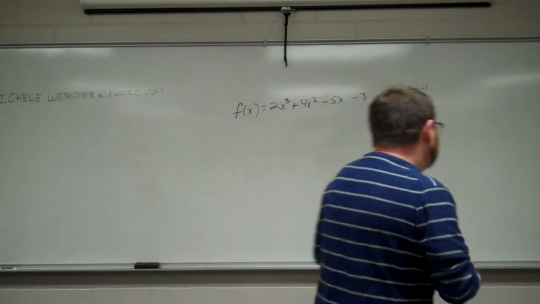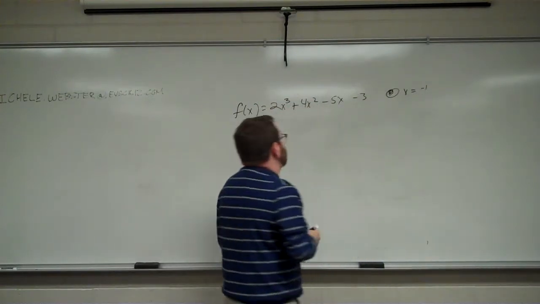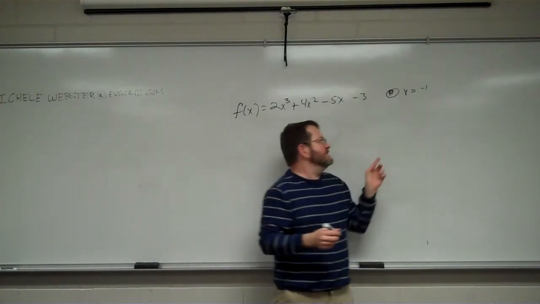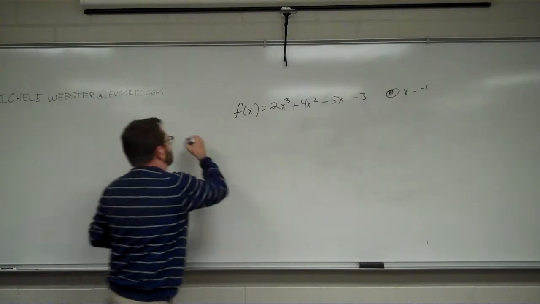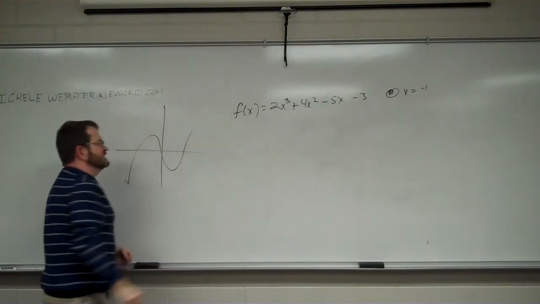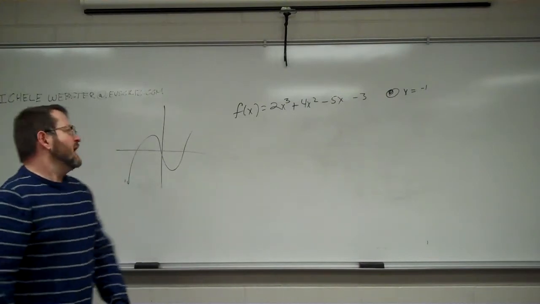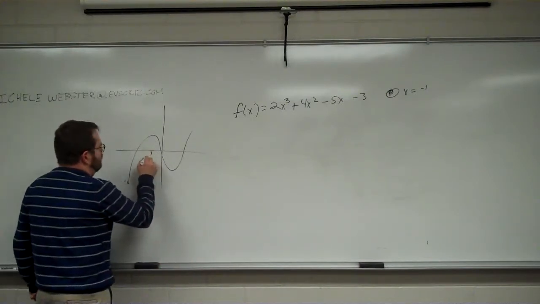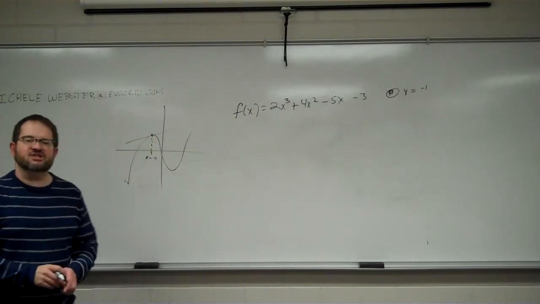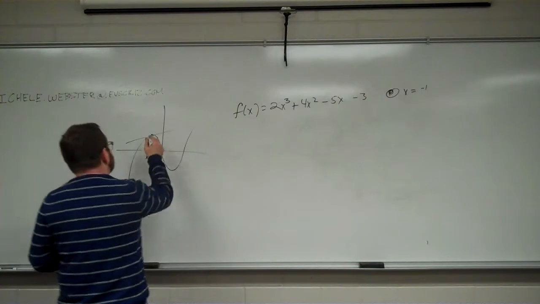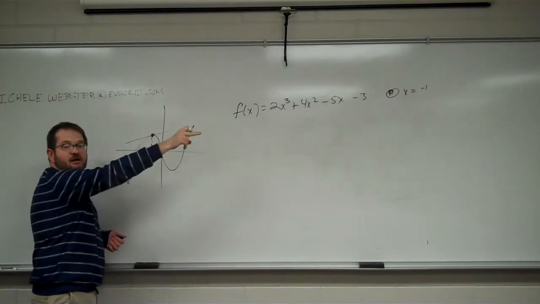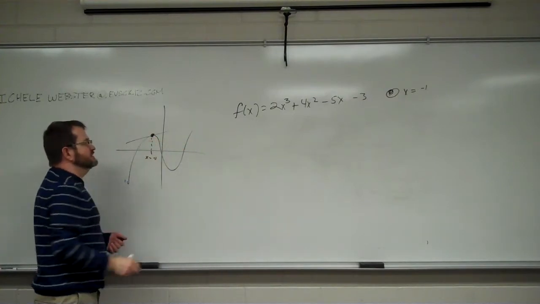Alright. It wants us to find the equation of the tangent line. Well, what I would do first, see, we don't actually have a point yet. I mean, this is a graph of something. I don't really know what this thing looks like. It's a cubic, so it probably does something kind of goofy like this. And what it's saying is that at x equals minus 1, what's the equation of this tangent line right here? We don't yet even know this point. My first step would be to plug x equals minus 1 in so that we have what this point is.